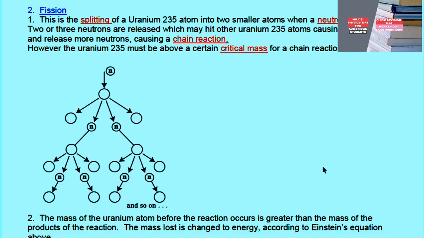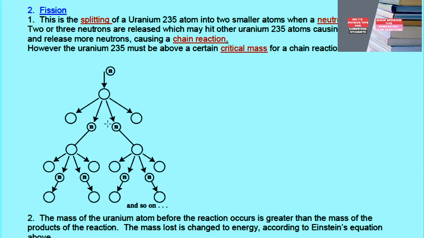So let's study this. This is the uranium bombarded by a neutron. So it's going to form these other nuclides, or rather radioisotopes. And then you form these 2 neutrons.